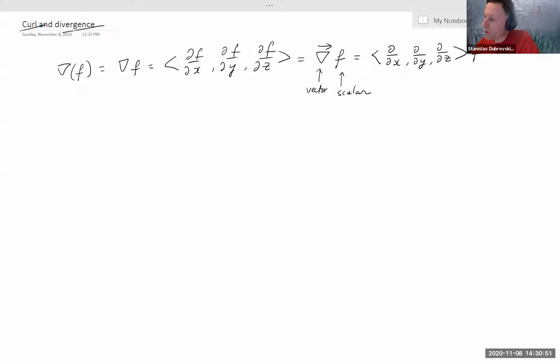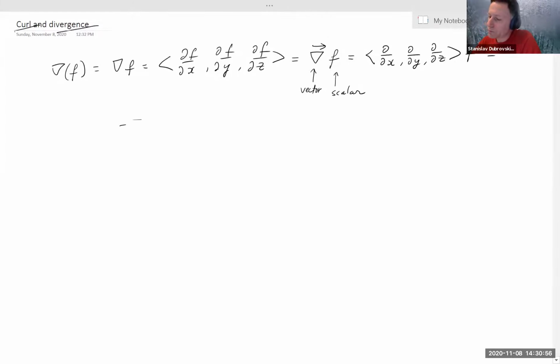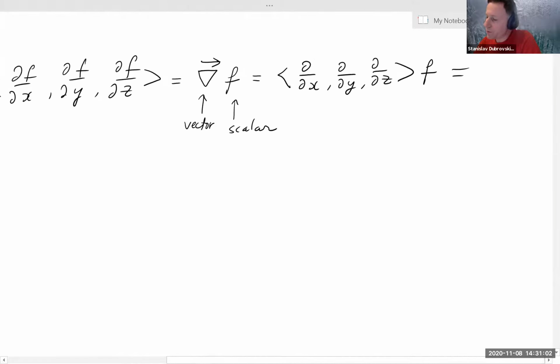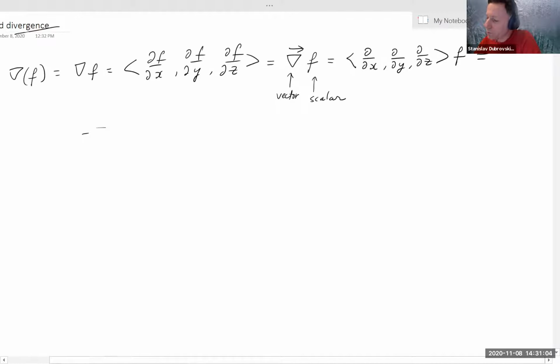Or if you wish, we can write it as a vector in components, i ddx plus j ddy, or if you insist on writing components in front, ddx i plus ddy j plus ddz k applied to f.